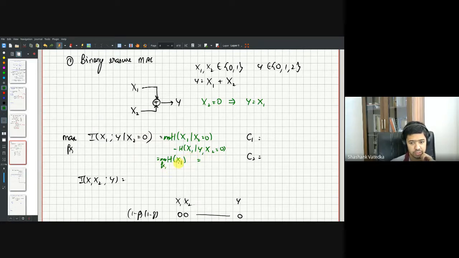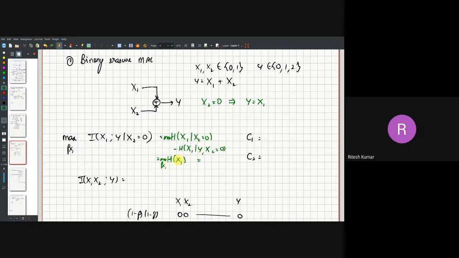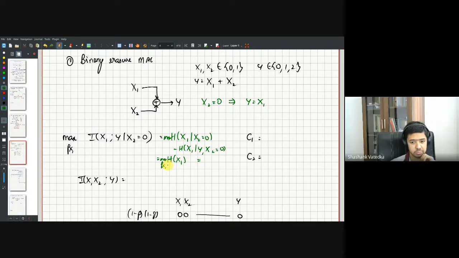You know that X1 is binary, so it can take only two values, 0 and 1. Entropy is maximized when X1 is uniformly distributed. So it will be 1. Exactly, it's just one bit.